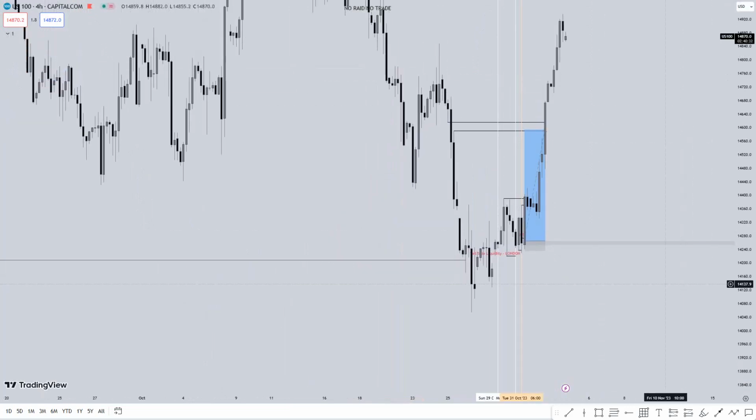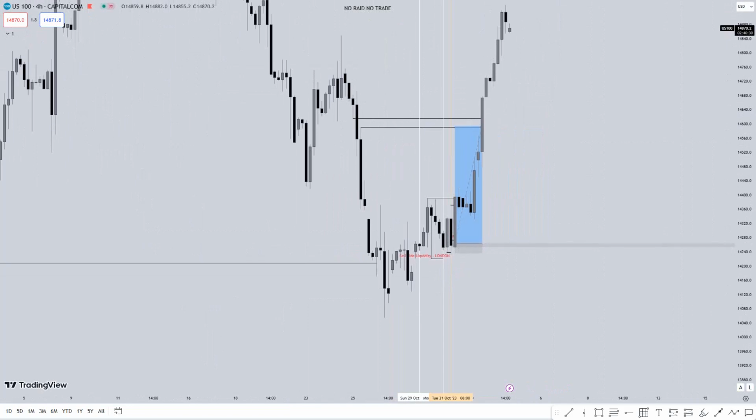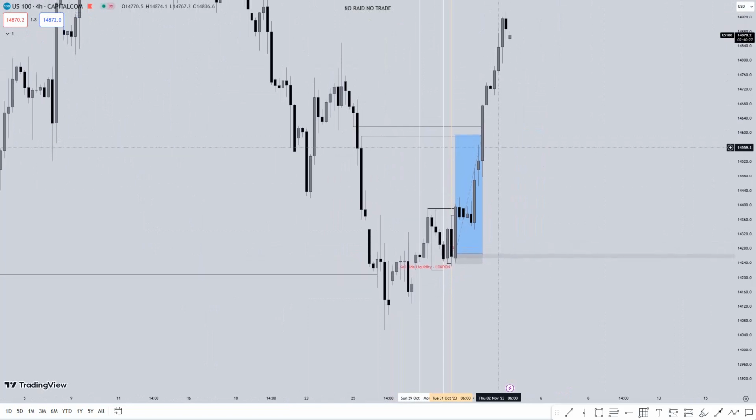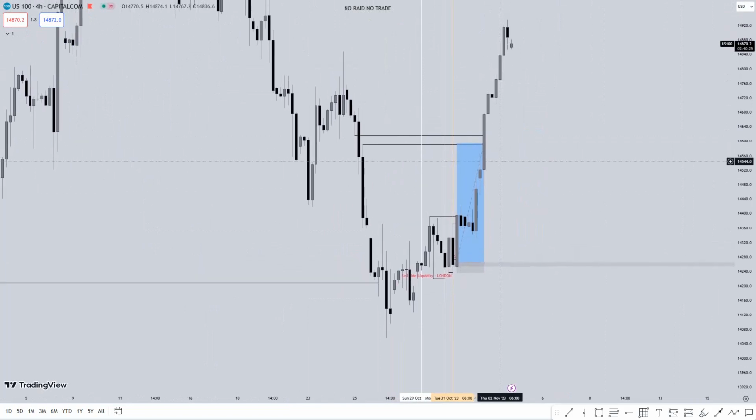Once price trades to that, you can then close your trade, because at that point we don't know if price is probably going to reverse at this level, or if price is going to trade higher through that and then reverse.